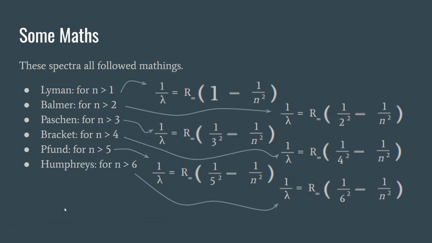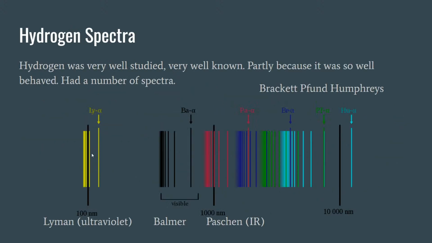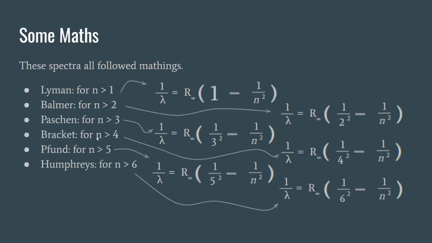What they are is mathematical formulas describing those spectra. What they noticed is that if you take 1 over the wavelength, you can compare it to a mathematical formula based on integers. So here we have Lyman. Here is the lowest frequency, or the longest wavelength in his spectrum, and then a series of lines after that for different wavelengths.